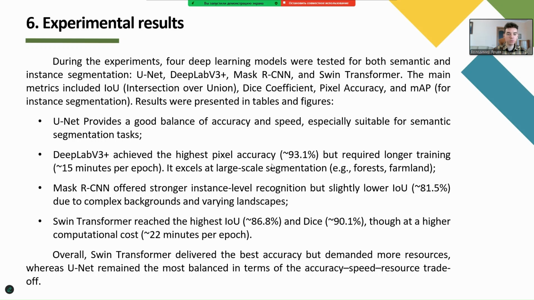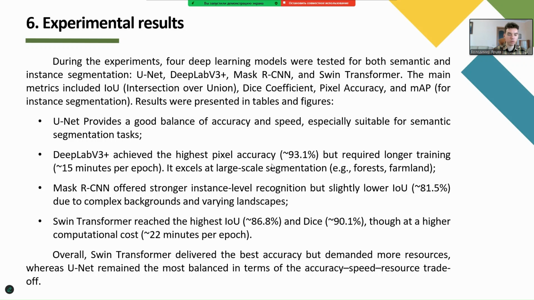DeepLab achieved the highest pixel accuracy but required longer training. It excels at large scale segmentation, for example forests and farmland. Mask R-CNN offered stronger instance level recognition but slightly lower IoU due to complex backgrounds and varying landscapes.